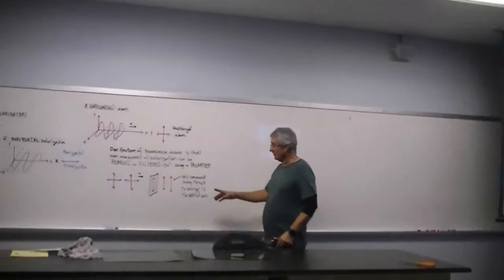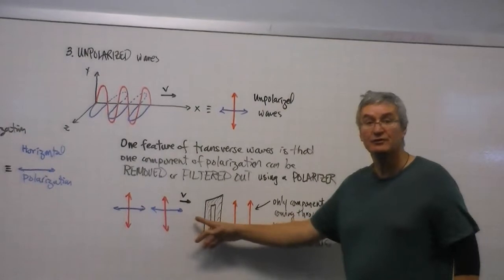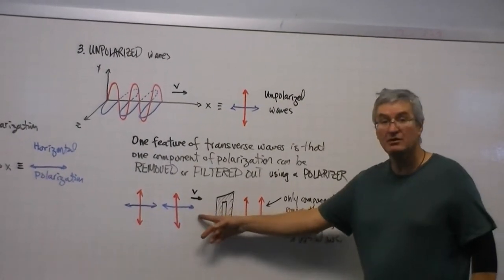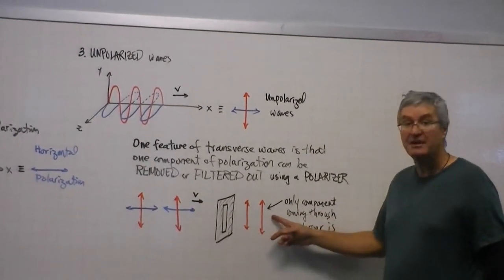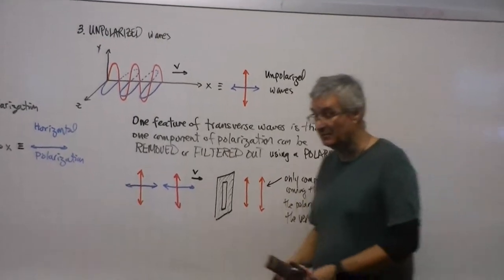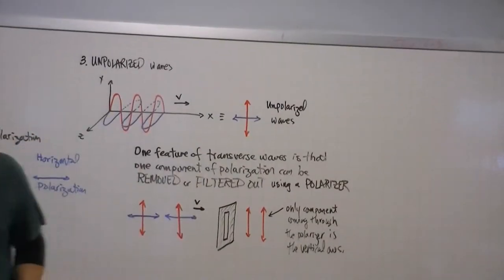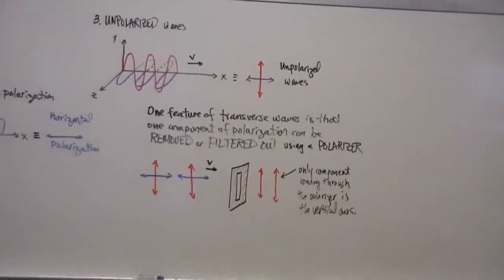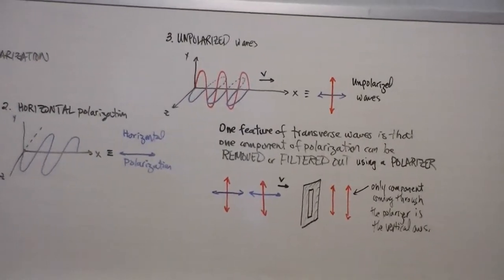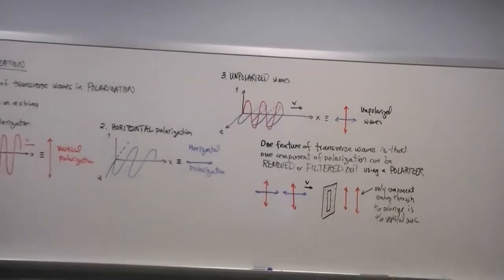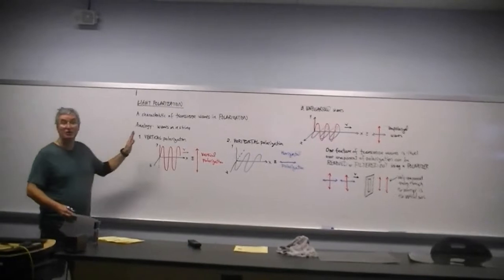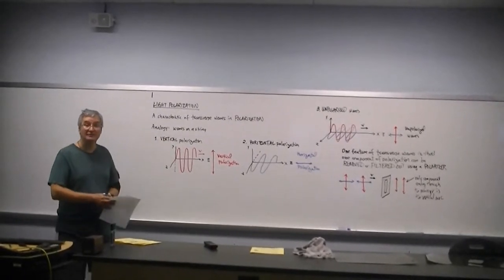So if you look at this thing here, you can see how this can filter out the horizontal component, but here I'm getting only the vertical component that's coming through. So what I want to do now is transition to electromagnetic waves.